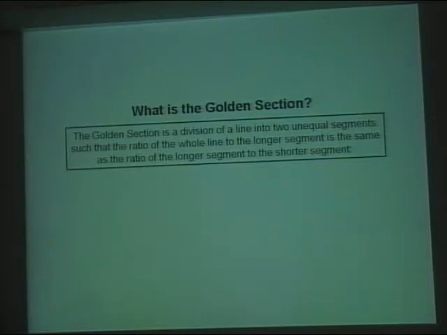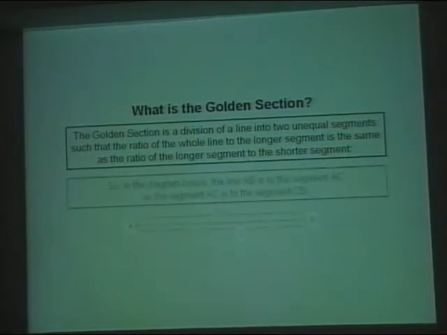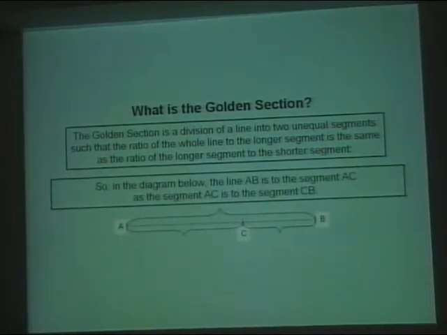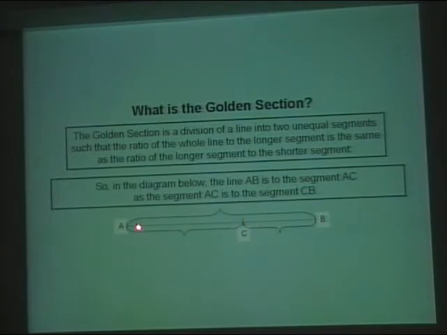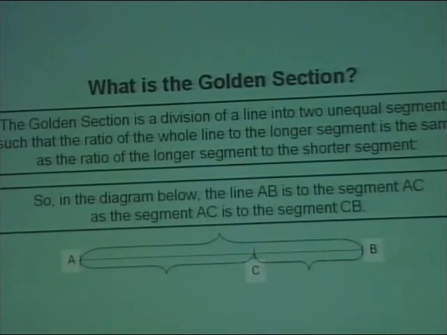Now that's all perfectly clear, isn't it? Let me try to clarify it. Here we have a line, AB, right? And if we divide that line at this point, point C, we've got two segments, which are of different lengths.